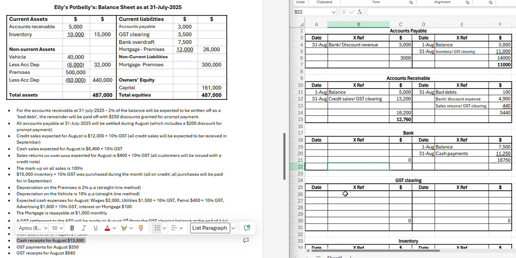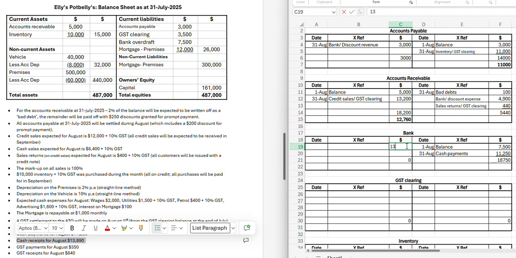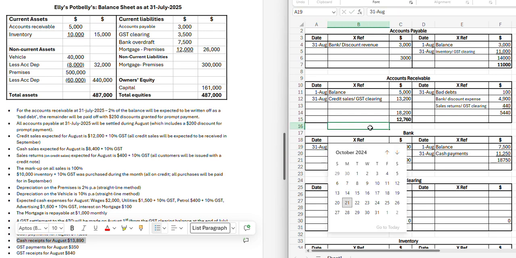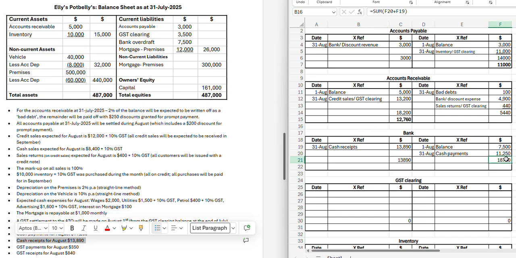Now, cash receipts, next line, forecasted to be 13,890. So these cash receipts, money coming into the business, asset is increasing since our bank balance, so therefore we're going to record that as a debit. Cash receipts, end of August. That's it for the bank. Our total credits equal 18,750, so that's more than our total debits.